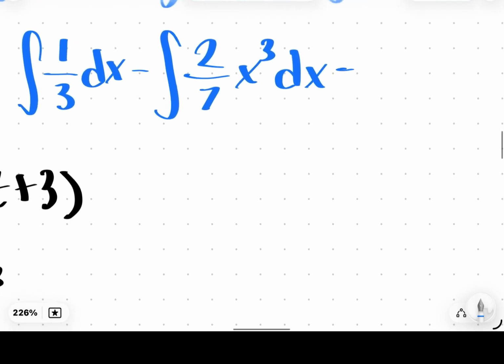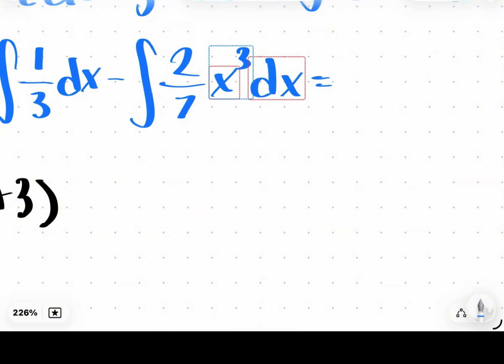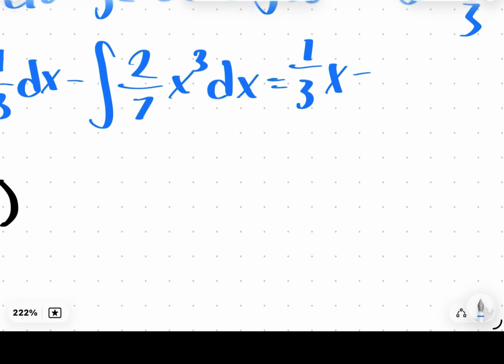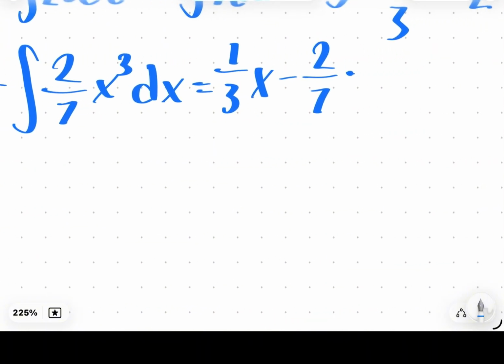Like before, the constant 1/3 just becomes 1/3 x. Now for the minus part, you can take this 2/7 out of the integral and multiply it times, using the reverse power rule, 3 plus 1 is 4, over 4.